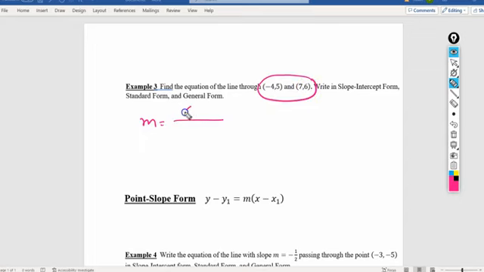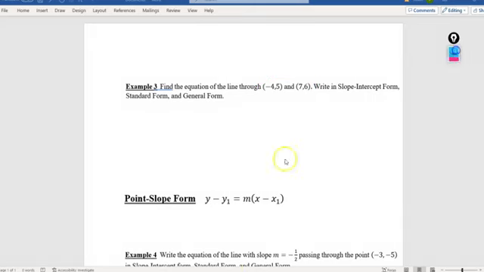So it's going to be 6 minus 5, then divided by the difference of the x coordinates. And it's always the second minus the first. So 7 minus -4. 6 minus 5 is 1. 7 minus negative 4 is 7 plus 4, which is going to be 1/11.